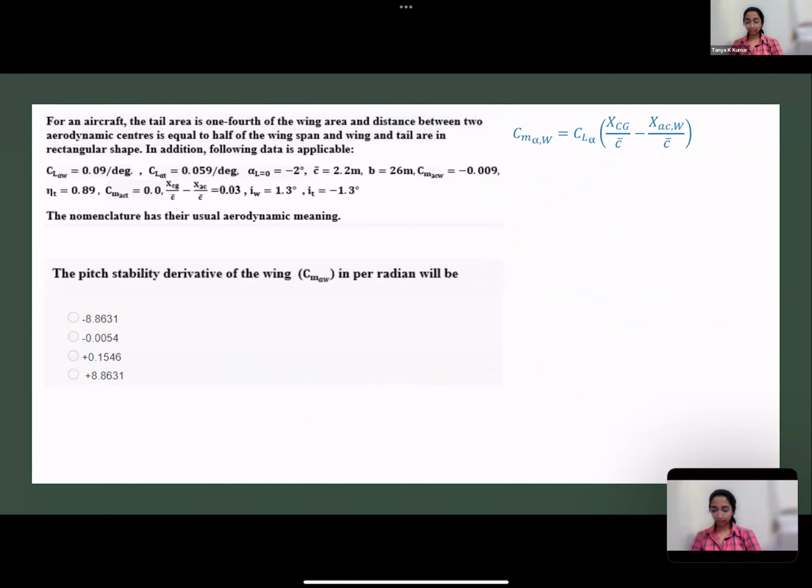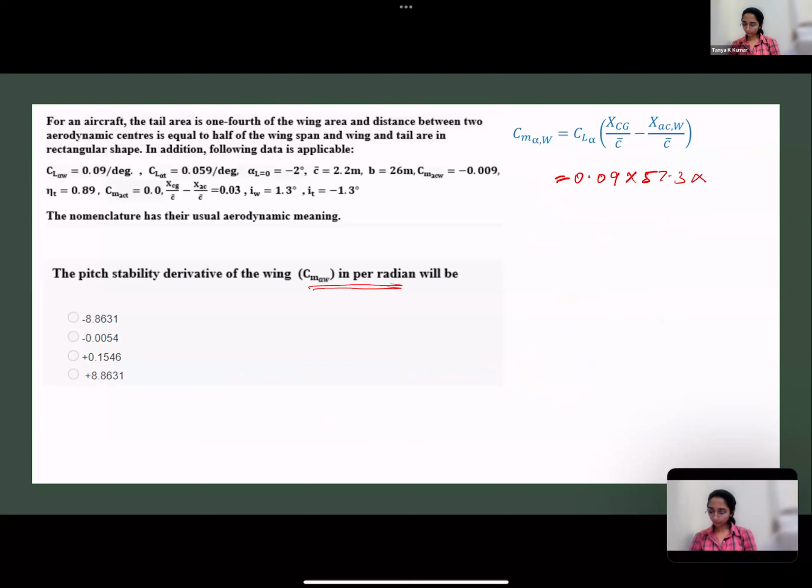Okay. Next is CM alpha contribution of the wing. And notice that they've told you that it is in per radians. All the values are given. It's just a quick substitution. Let's just do it together. CL alpha of the wing is 0.09. It's in per degrees. To convert to per radian, what do you do? Multiply by 57.3, or divide by pi by 180.